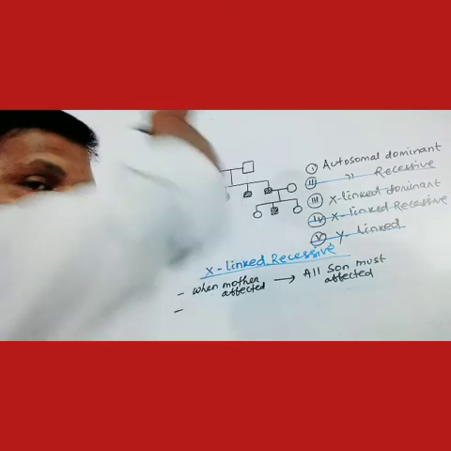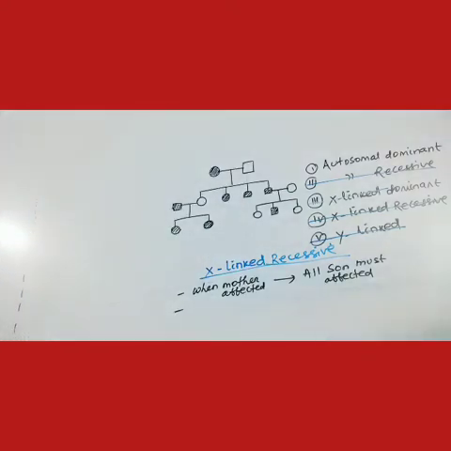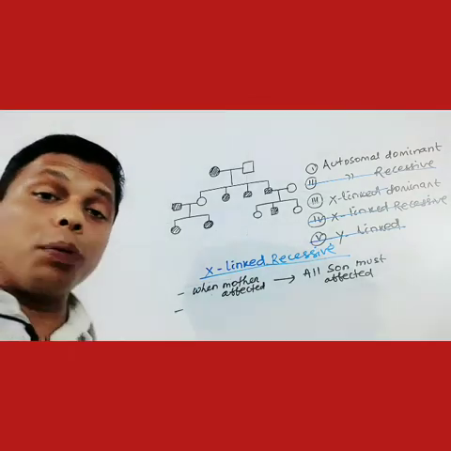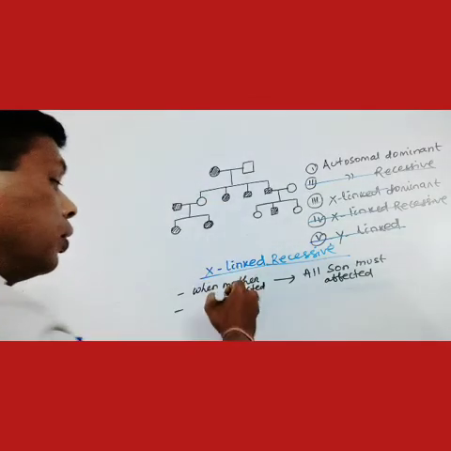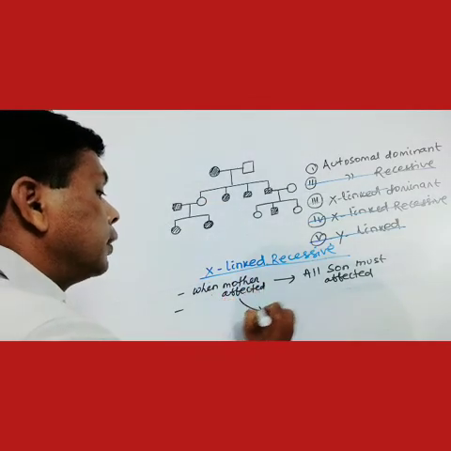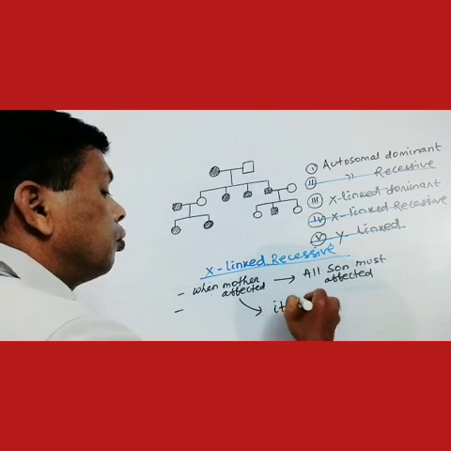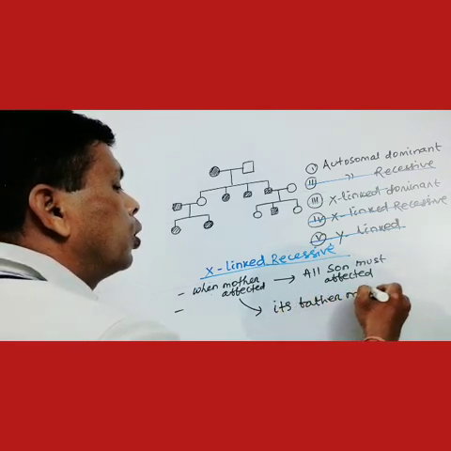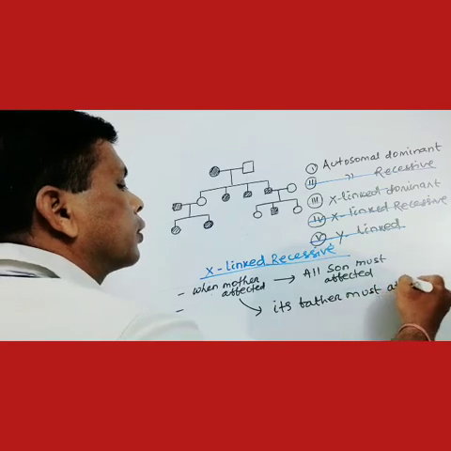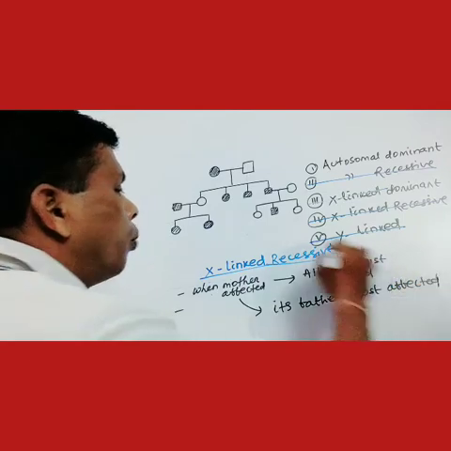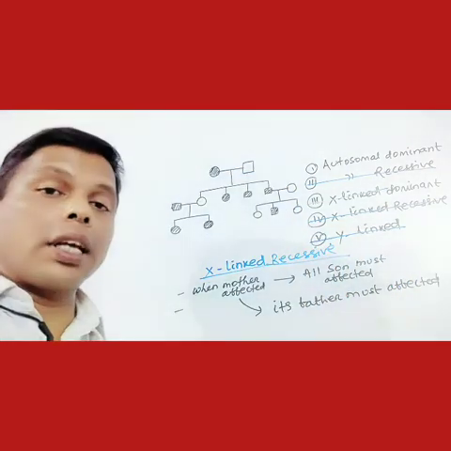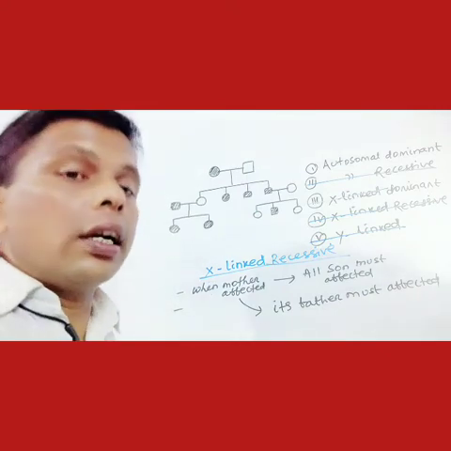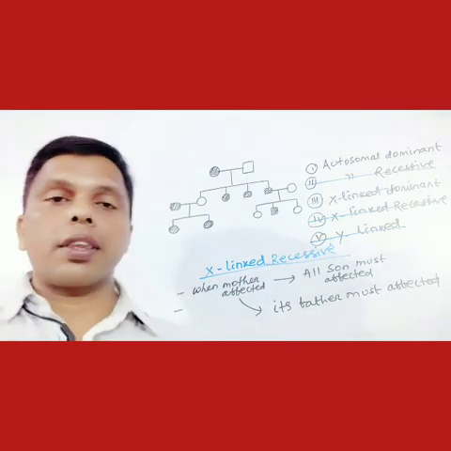First point. In the second concept, the father of the mother must be affected. Father of the mother, that means its father. Mother affected, its father must be affected. When such type of disorders are found, it is an X-linked recessive one.